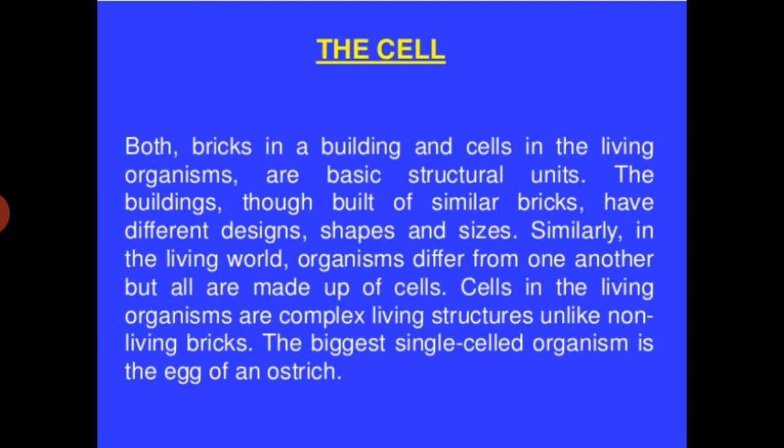So all organisms are different from one another, but all are made up of cells. The basic unit is the cell. From the cell, all organisms are made up. The same unit particle, the cell, is the same in every different organism in the living world.